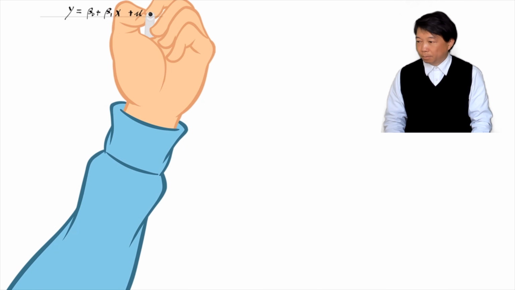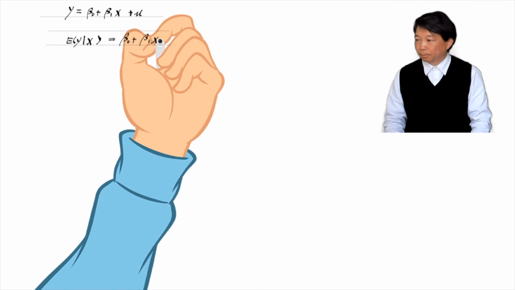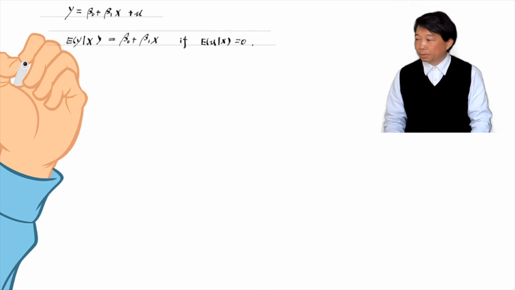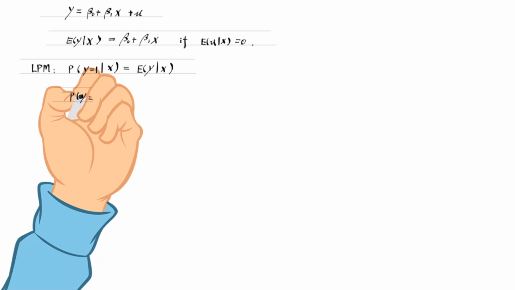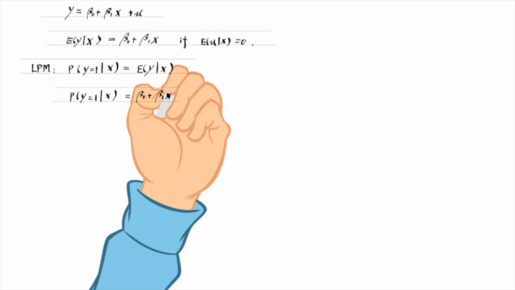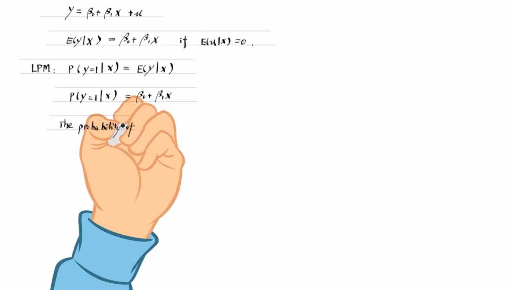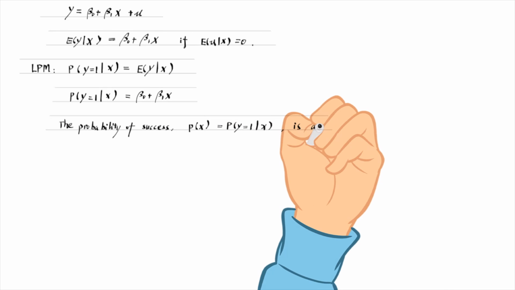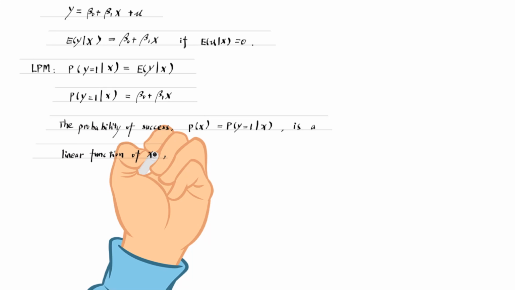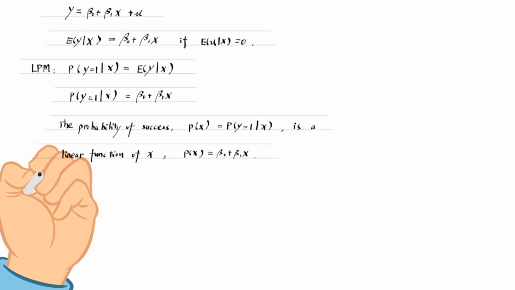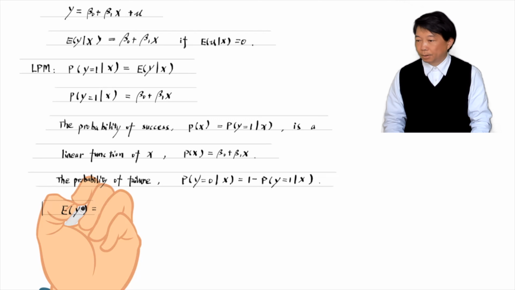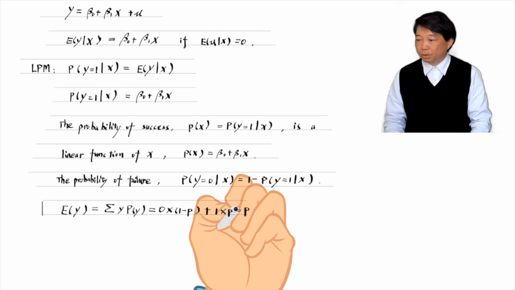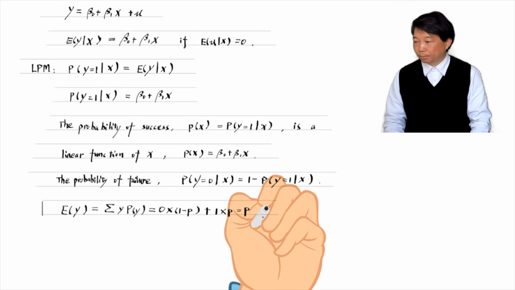We can show that when the outcome variable is a dummy variable, the model must exhibit heteroskedasticity. Here we use the expected values definition.